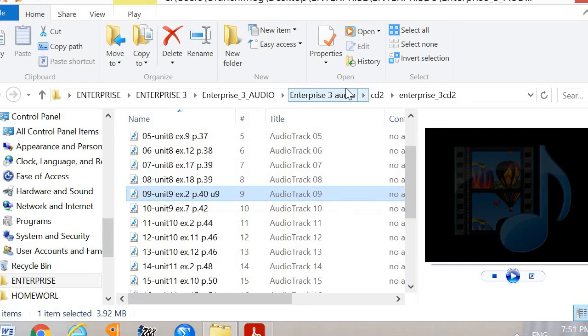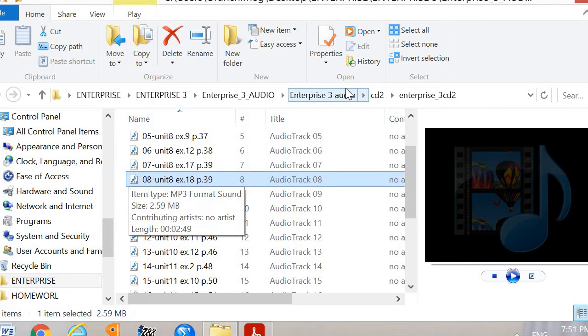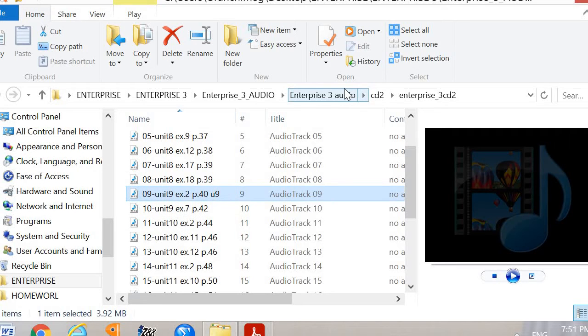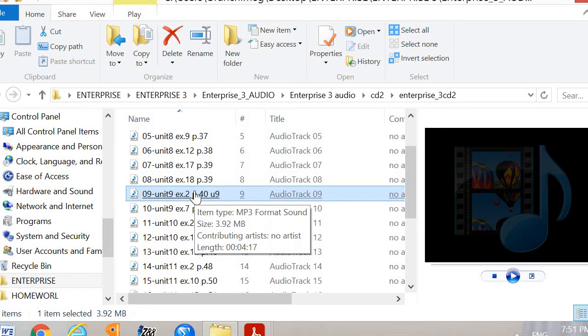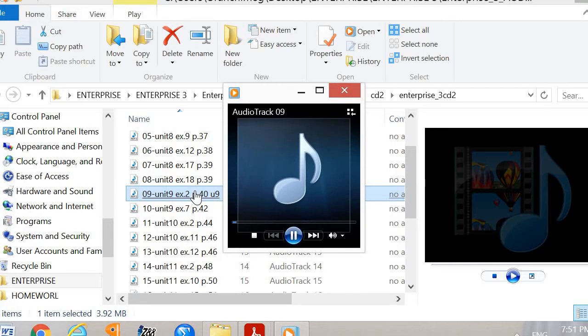We are looking for 9. Is this the one? Let's try this, because probably U9 means Unit 9. Okay, listen, we are supposed to pay attention to the story and check our answers on the sentences that are supposed to be put in order. Unit 9. Okay, yes.